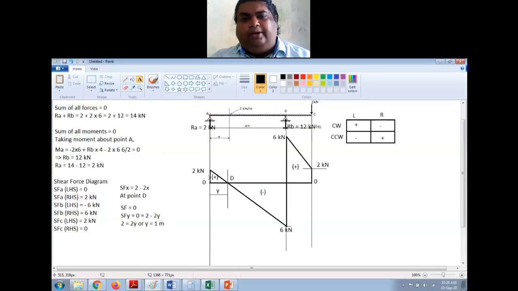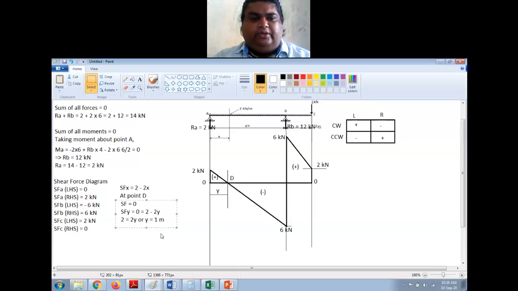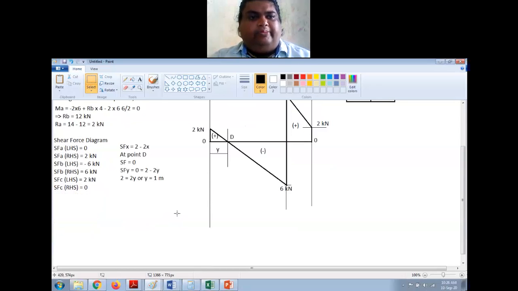So at 1 meter distance from A on the right side, I have shear force changing from positive to negative and the value of shear force here is 0. That is the location of maximum bending moment in the positive direction, right? So I will have to calculate that. Fine. Now let me start the bending moment diagram.